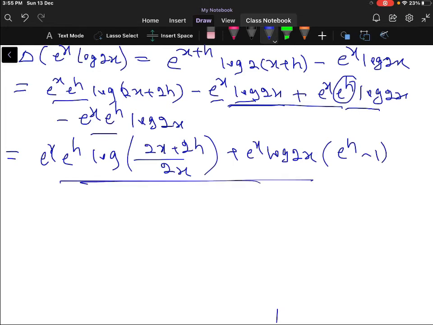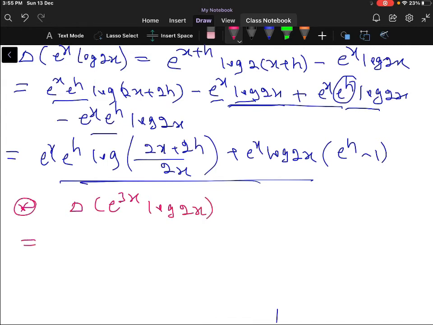So this is the final expression for the delta of e power x into log 2x. Similarly, one can find out delta of e power 3x into log 2x.